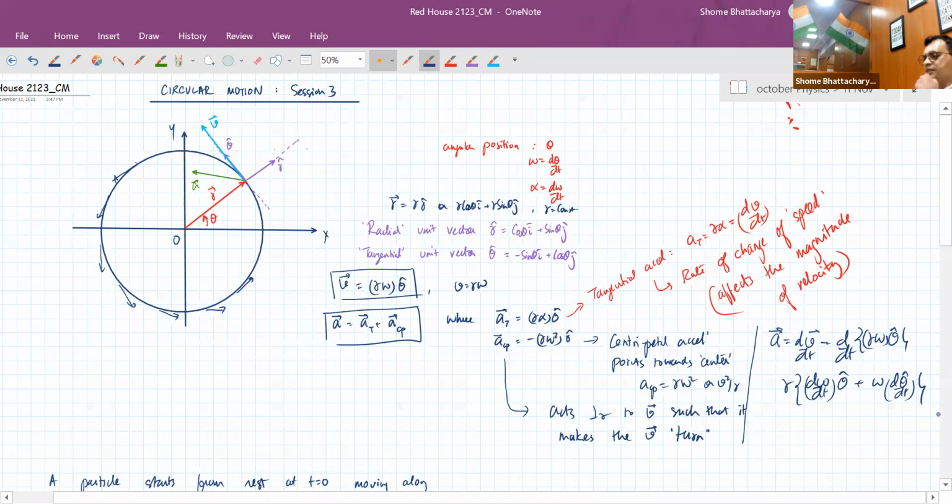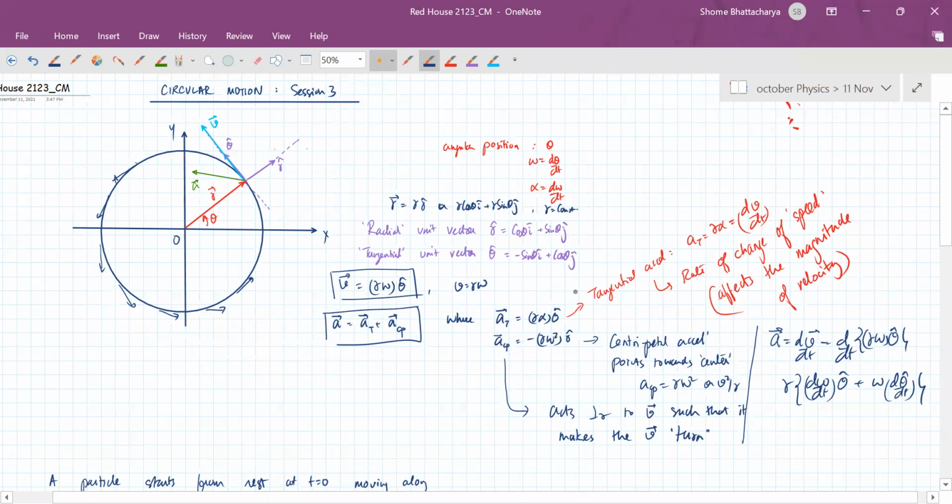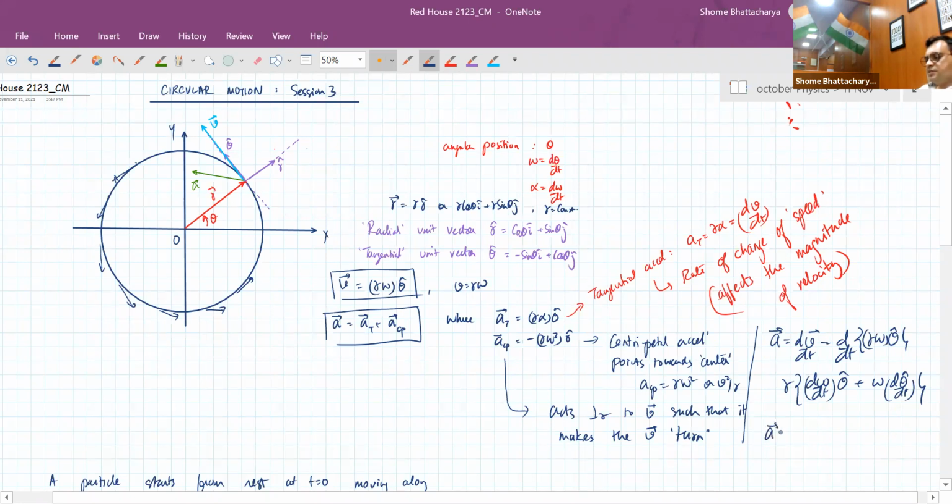Then you substitute theta cap as what we've written above: minus sin theta i cap plus cos theta j cap, and you apply that differentiation. So from that you get the acceleration as these two terms, r alpha theta cap plus minus of r omega square r cap. So this is called the tangential acceleration because it's along the tangential direction, and this is the centripetal acceleration.